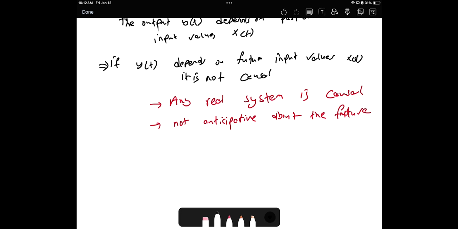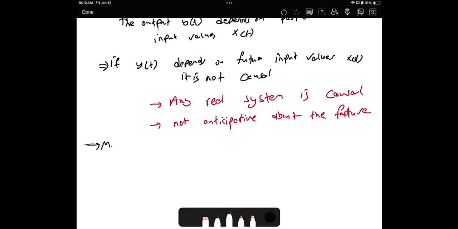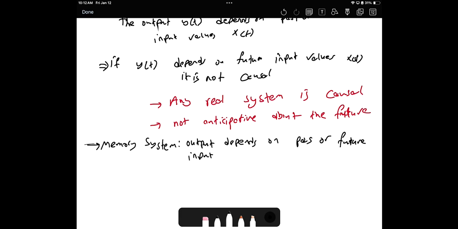Now there is another property called a memory system. A memory system is one where the output depends on past or future inputs. That's what we call a memory system.